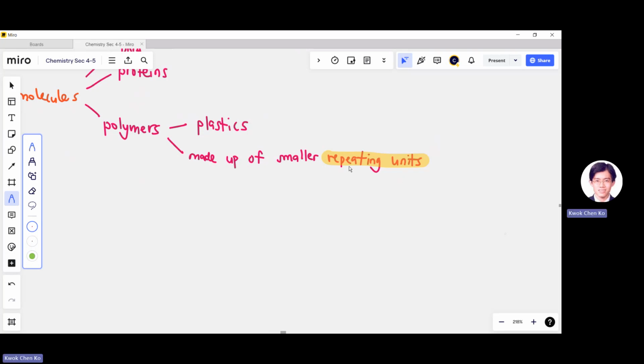Of course, I'll give you some examples, but for now, bear with me. There's another name for this. Smaller repeating units, which you need to know the alternative name. They are called monomers.